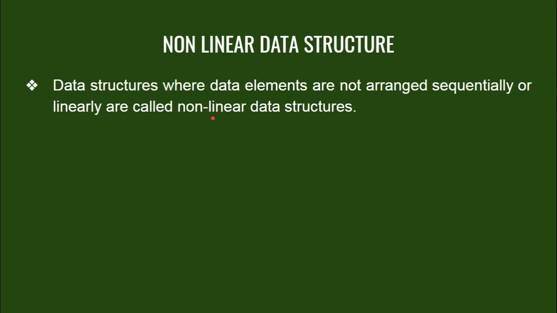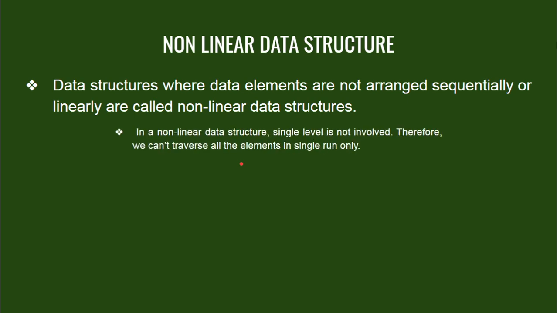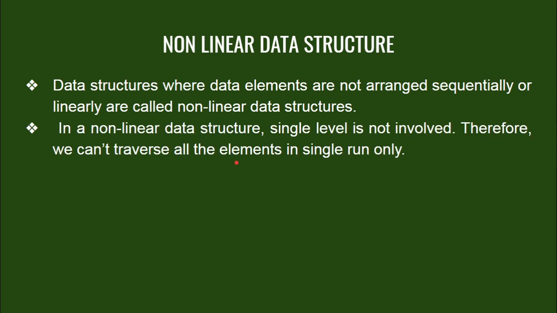And non-linear data structure: the data structures where data elements are not arranged sequentially or linearly are called non-linear data structures. Let us see with an example in the later classes. In a non-linear data structure, single level is not involved. Therefore, we cannot traverse all the elements in a single run.